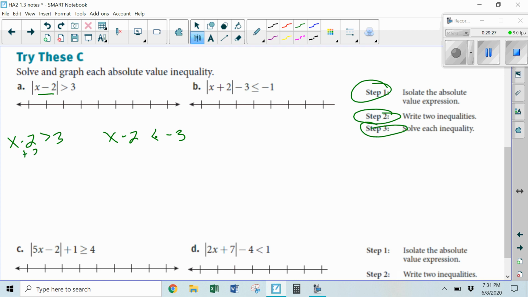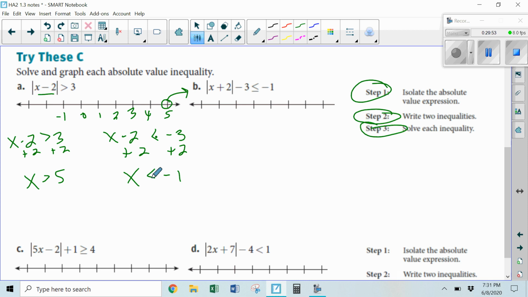So I'm going to add 2. So let's say we'll put 5 here. So we have x is greater than 5, 5 and greater.